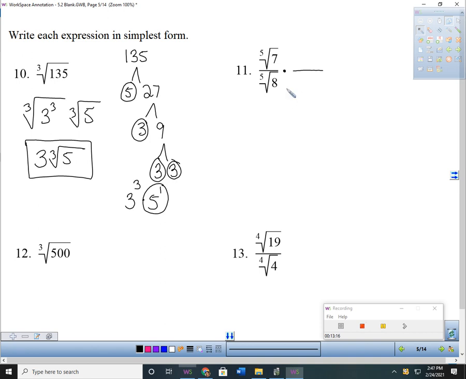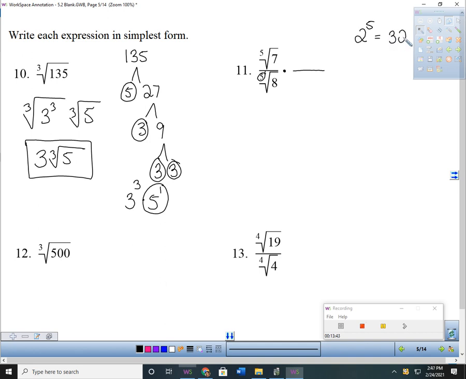So I need to figure out a number I could multiply by 8 that would give me a perfect fifth root. So this is how I normally do that. I normally take the smallest number, and I raise it to whatever this root number is, 5. So 2 to the fifth is 32.